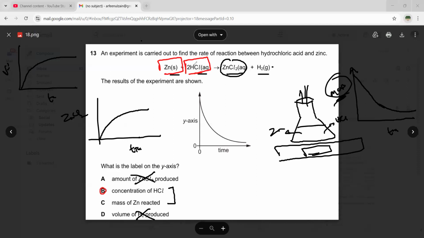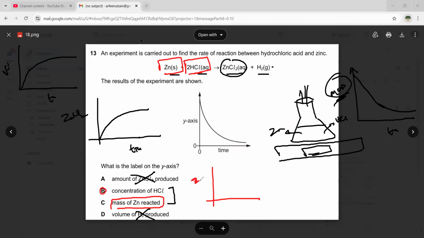The concentration will also decrease, like we'll have fewer moles of hydrochloric acid. But the question is about the mass of zinc reacted, not the mass of zinc present, it's about how much has reacted.